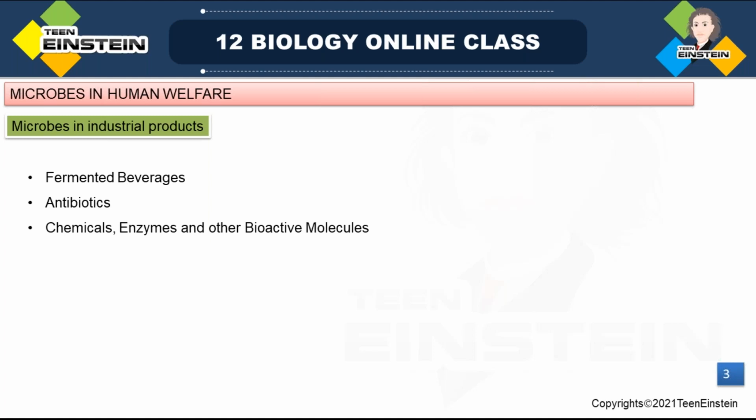Okay, they may ask what is baker's yeast: Saccharomyces cerevisiae, that is baker's yeast. Then they can ask about the curd-forming bacterium, then microbes. So you may get such kinds of questions.